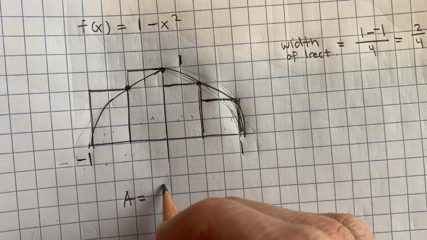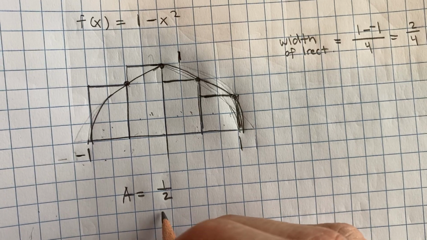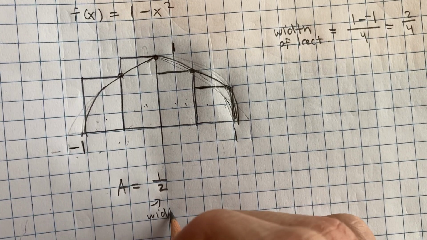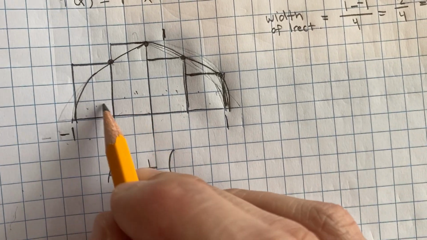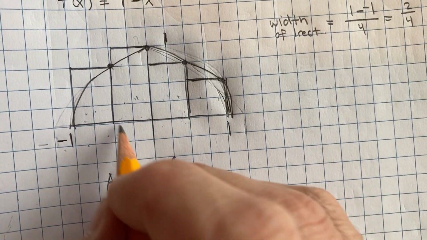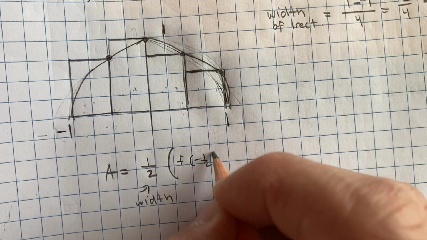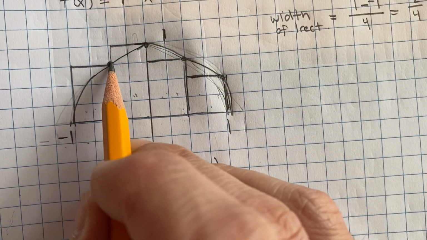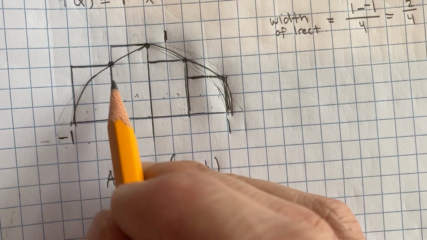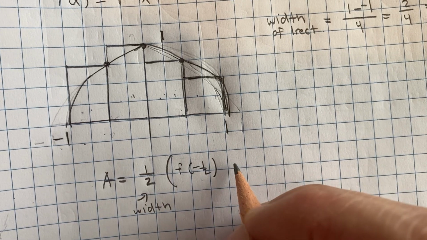Area is the width, right? This is my width. And then times the individual heights at these points. So whatever this value is, we'll say f of -1/2. Why are you plugging -1/2? Because that's the height for this first rectangle. So that's for rectangle number 1.